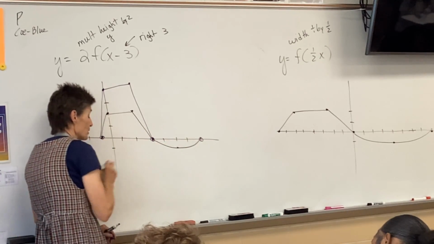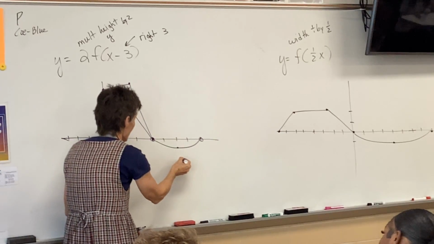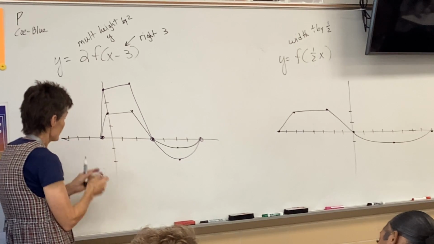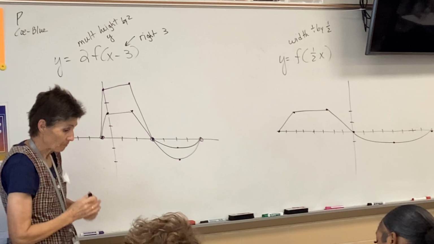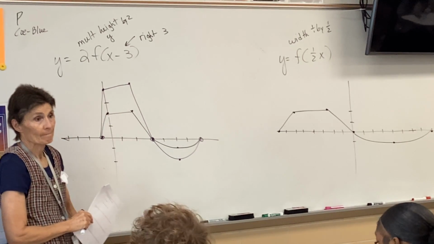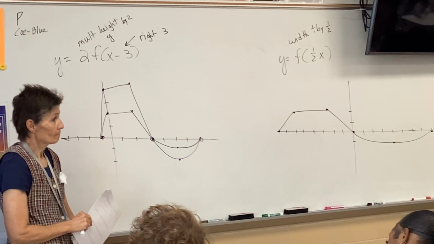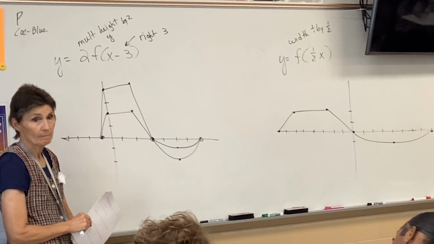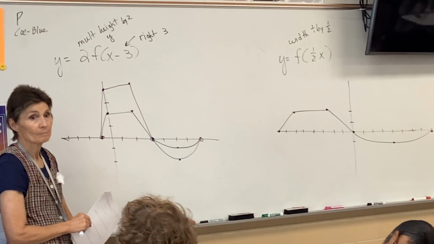And this guy, which is at -1, will be down at -2. So the purple is my final answer. How do you feel about that? Okay? Adam? You okay? Yes.